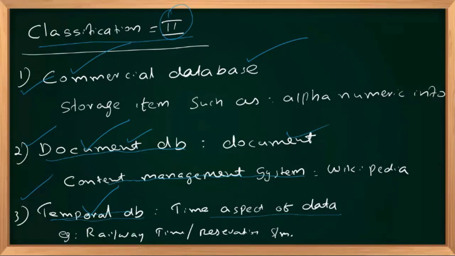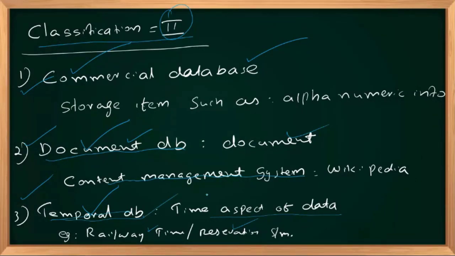Railway reservation time, train time, reservation system, and flight reservation system, flight timing, flight position are examples, changing each and every minute or second. Within a second, the importance of data is varying. Such a type of data is stored in a temporal database.